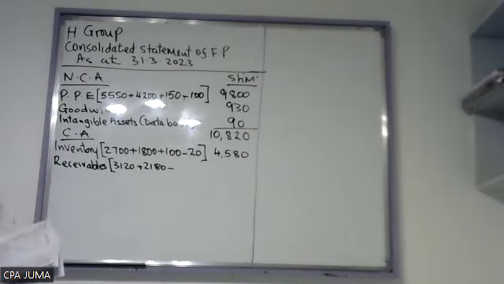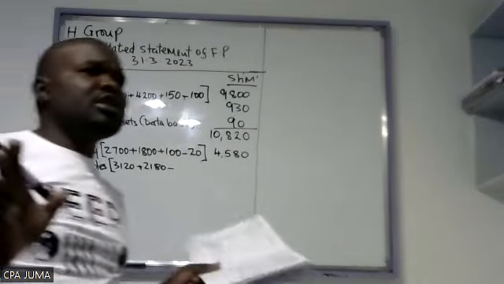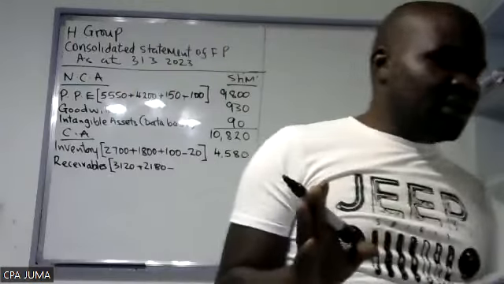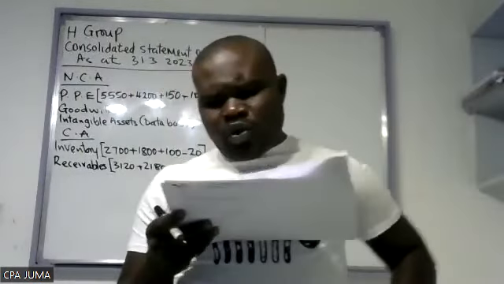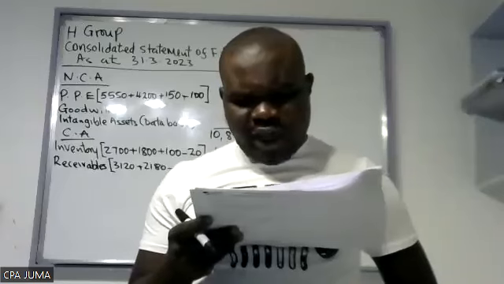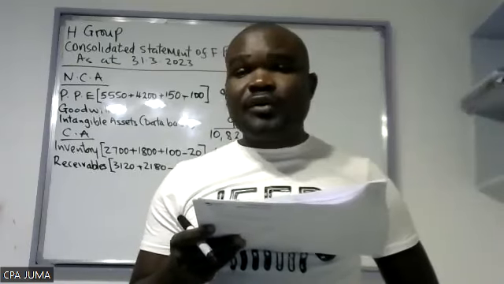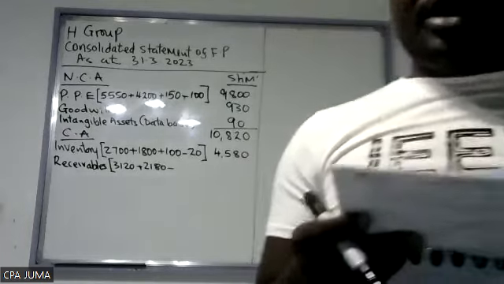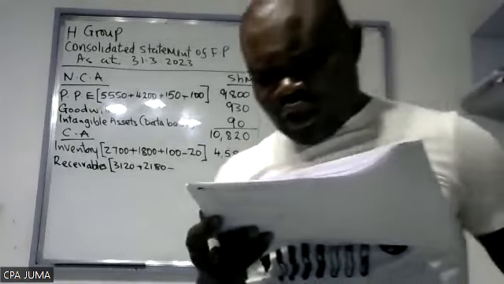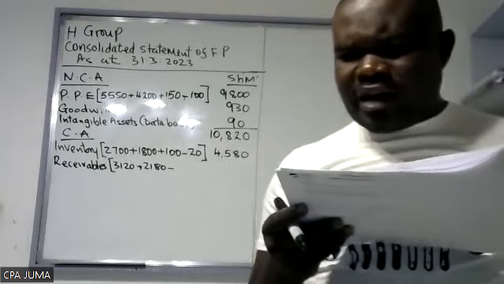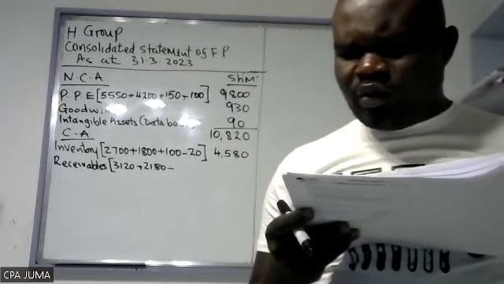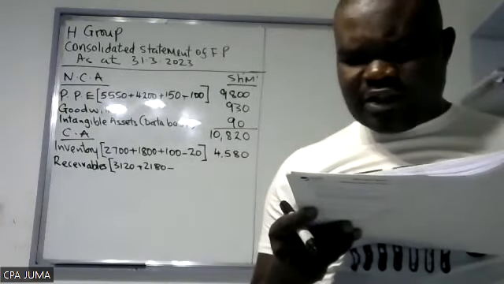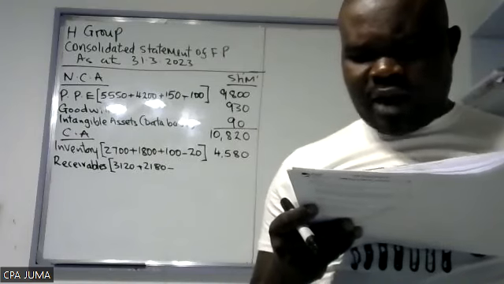I'm going to be very keen here. Check note 5, additional information number 5. Current accounts between H and S did not agree due to the goods that remained in transit as per note 4 above.